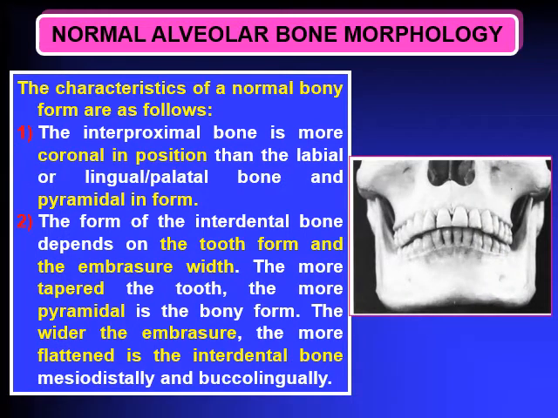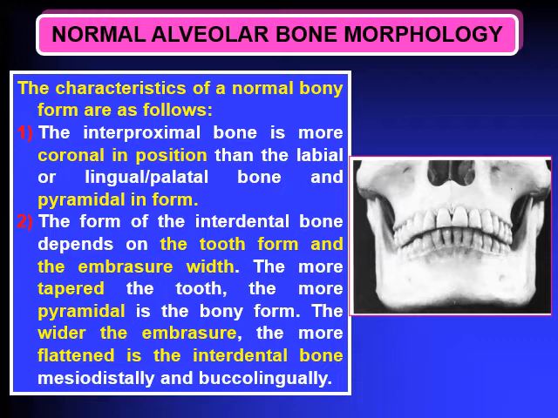Now you have to know the characteristics of the normal bony form of the alveolar bone. Number one, the interproximal bone is more coronal in position than the labial or the lingual or palatal bone and pyramidal in form. You know that.